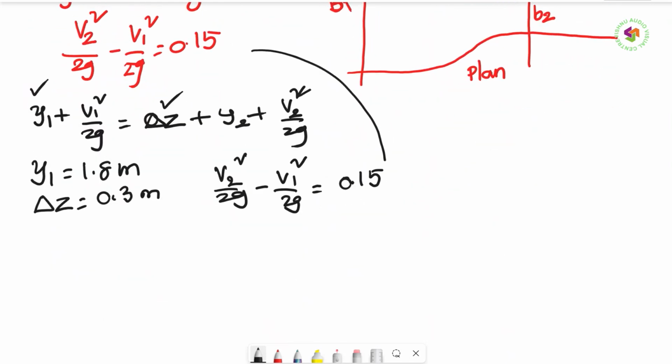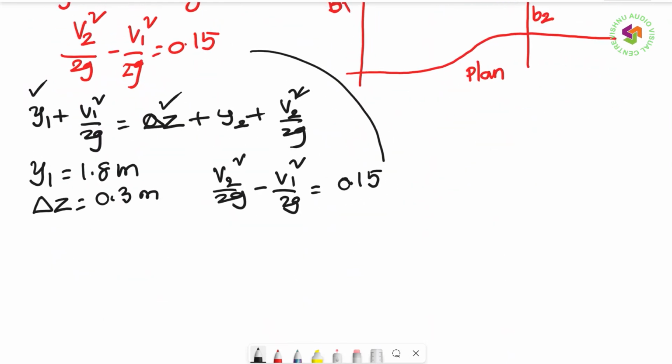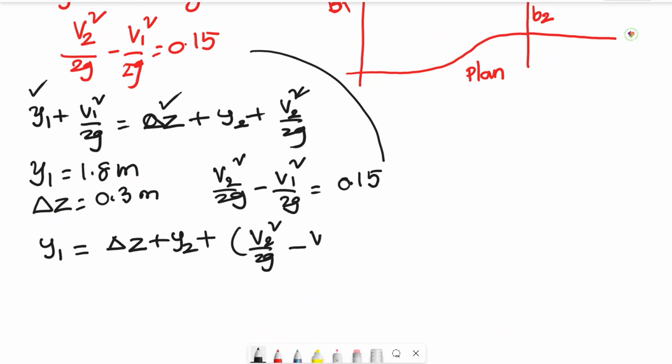So if I substitute, y1 is equal to delta z plus y2 plus v2 squared by 2g minus v1 squared by 2g.